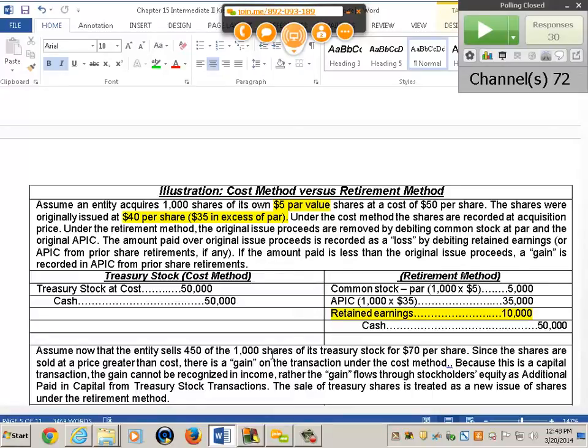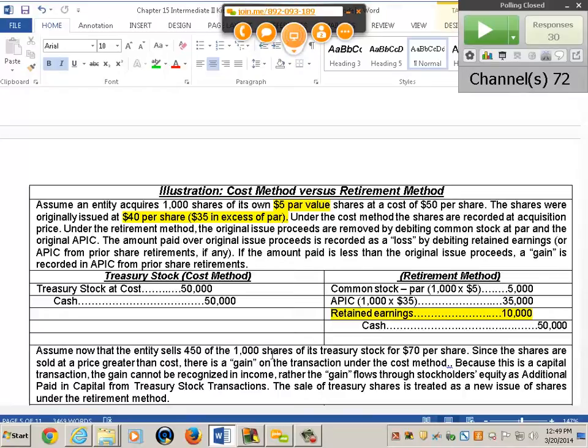At some point in time, the original stockholder gave you 40. There's a loss. So under the retirement method, there's a final accounting with the stockholder.